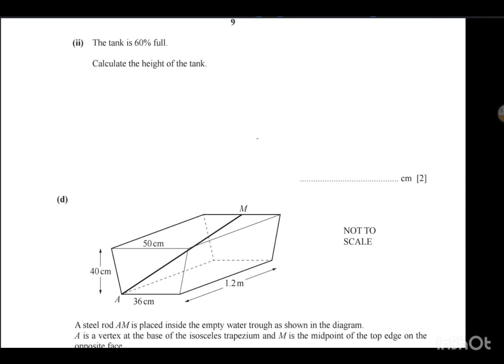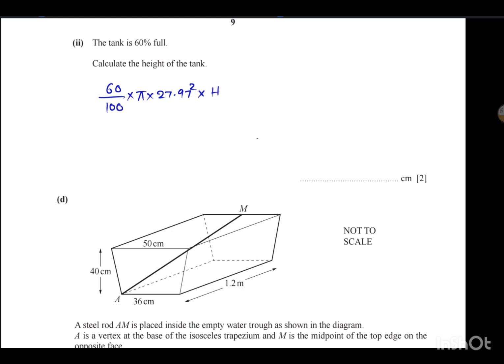Question C, question 2. The tank is 60% full. Calculate the height of the tank. Now in the previous case they have given us that the tank was filled up to 84 centimeters only. So 60% of the tank is filled there. We can take this as 60 by 100 multiplied by pi into r, we got 27.97 square, multiplied by the height, complete height of the tank.